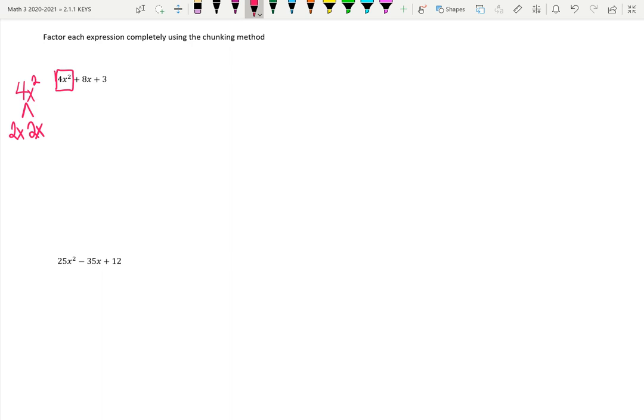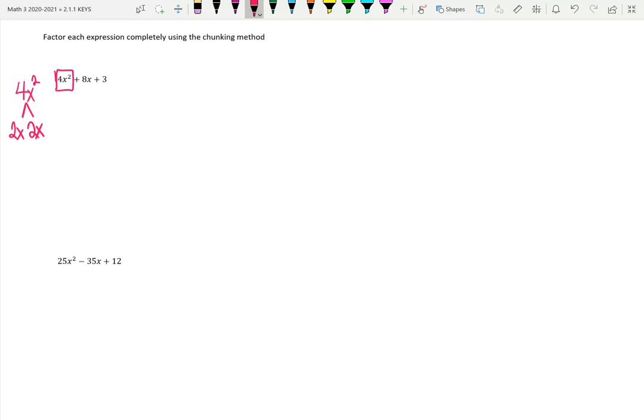You could think of it as the square root of 4 is 2, the square root of x squared is x. Essentially, we're going to look at terms in 2x and 2x. So why does this matter? Well, let's try to rewrite our problem.